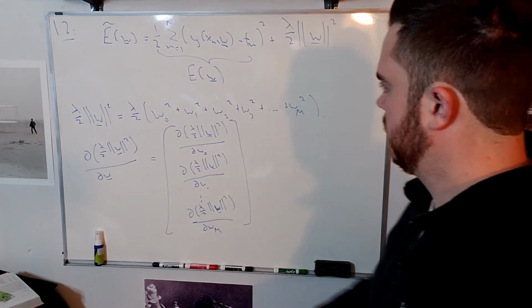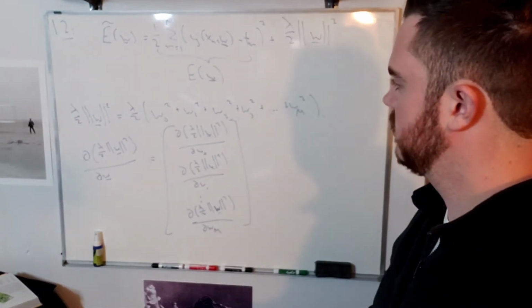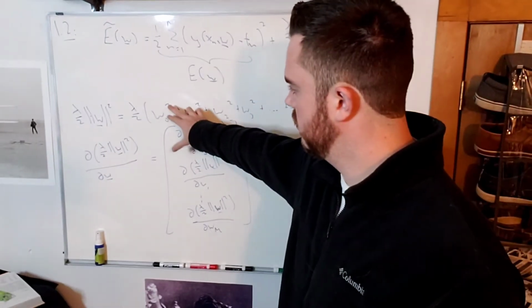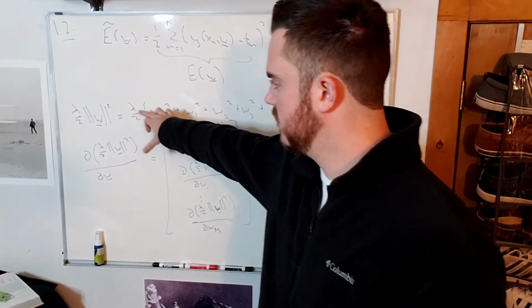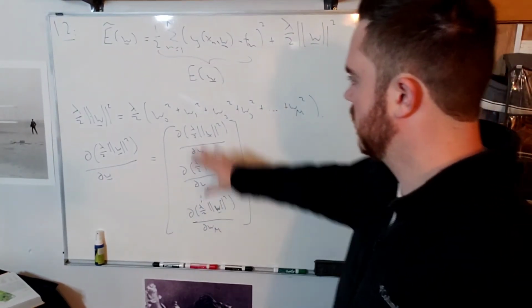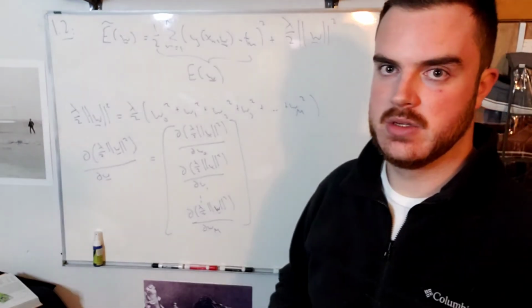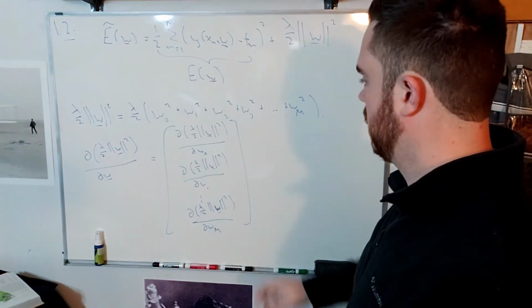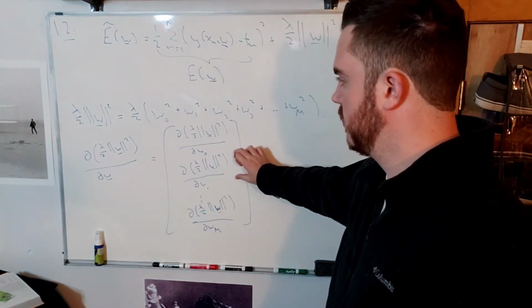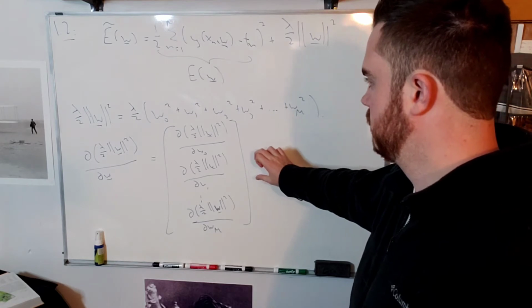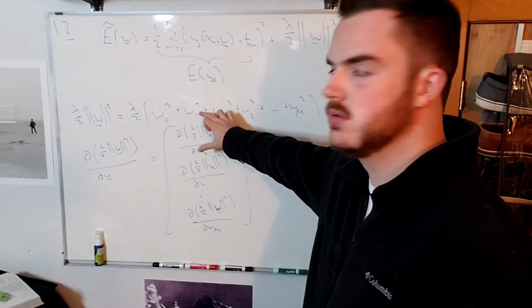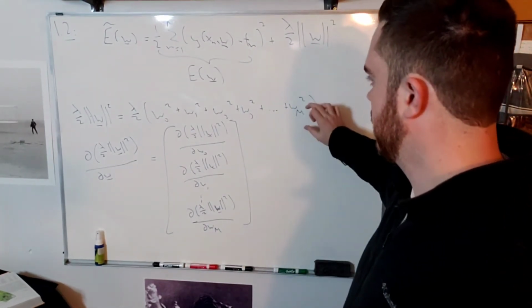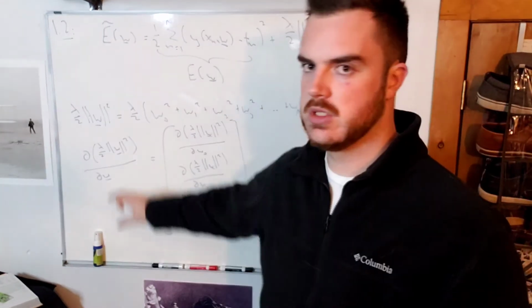And basically, if you think about taking the derivative of this expression with respect to W0, you would get 2 times W0 times lambda over 2, because all these other terms would be considered constants because there's no W0 in them. Take the partial with respect to W1, you'd get 2 times W1, and then you'd still have the lambda over 2. Take the partial with respect to Wm, you get 2 times Wm, still have the lambda over 2.